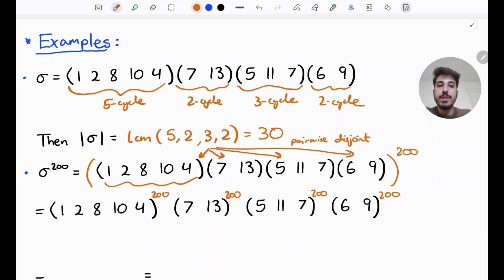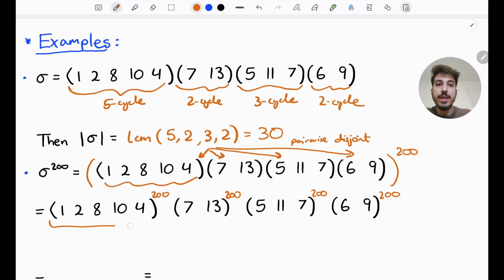And what follows is that we want to write 200 in terms that we can have a very nice simplification. So we can see that this is a 5 cycle. So the order of this element here is 5. And we just said that if 5 divides the power, that means this gives us the identity.